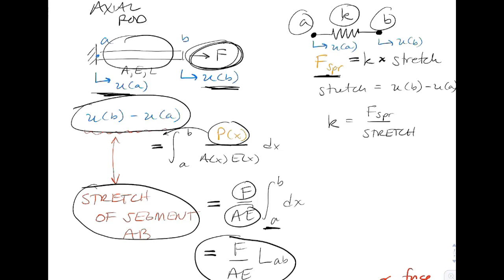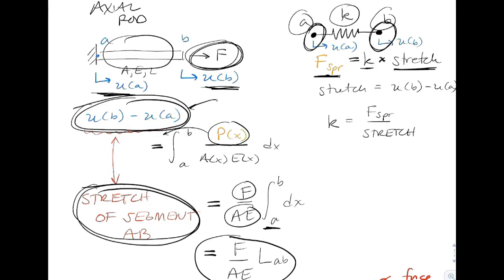The force in that spring would be the stiffness times the stretch of the spring. There won't be a force in the spring unless we have relative movement between A and B. So that term is a stretch term. Those are two movements compared to each other. If those are different, we've got a stretch.